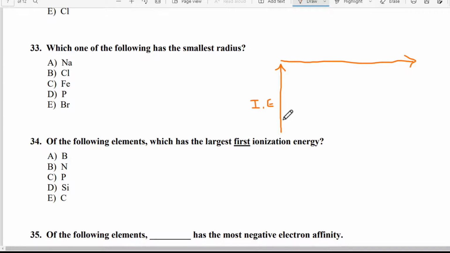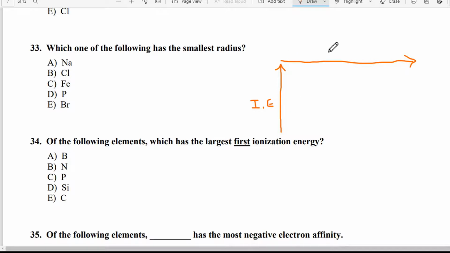Yeah, when he's holding it out in front of him, right? The farther away something is, the harder it is to hold on to it. And that's the same thing with the atom with its electrons. So with these large atoms, the ones that have the electrons that are furthest away from the nucleus, it's easier to pull those away. So as you go down, ionization energy goes down because it requires less energy.